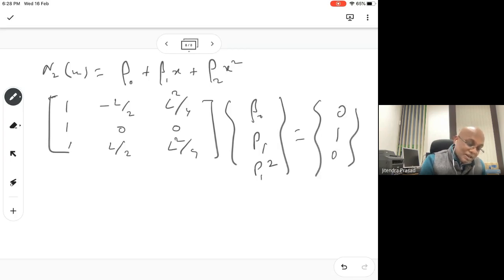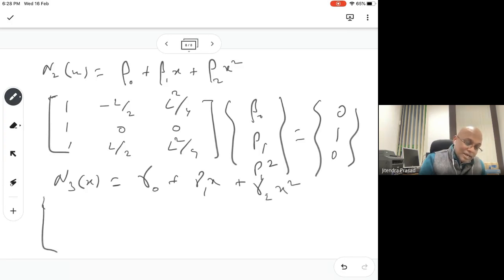And similarly, you can find N3(x) equal to, let's say, gamma naught plus gamma 1 x plus gamma 2 x square.